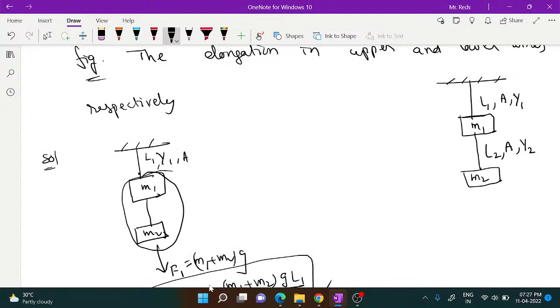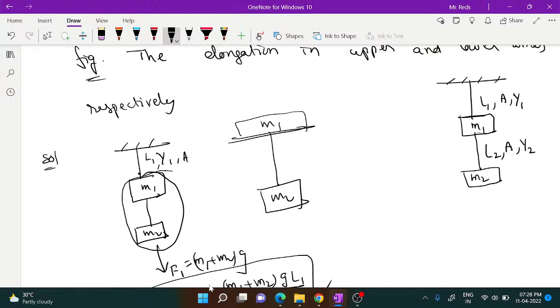For the second wire, the elongation produced is due to the force at its end. This wire is attached to the support, which acts like a rigid support for the lower wire, and from here we have attached M2.